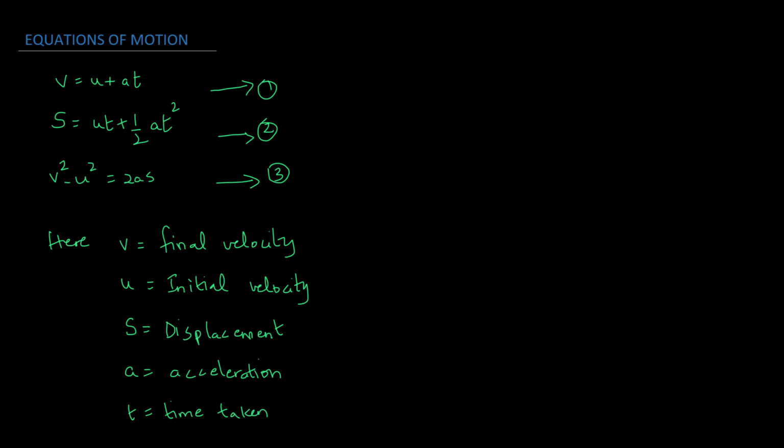Okay, now that we have defined each term: v is the final velocity, u is the initial velocity, s is the displacement, a is acceleration, and t is time taken.